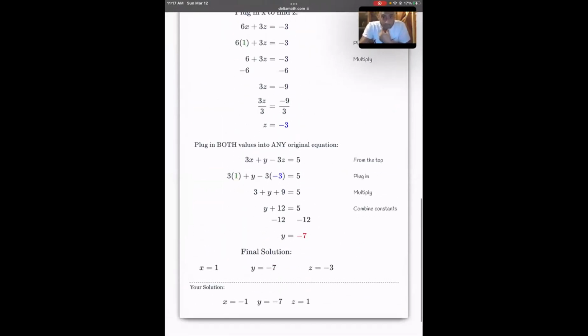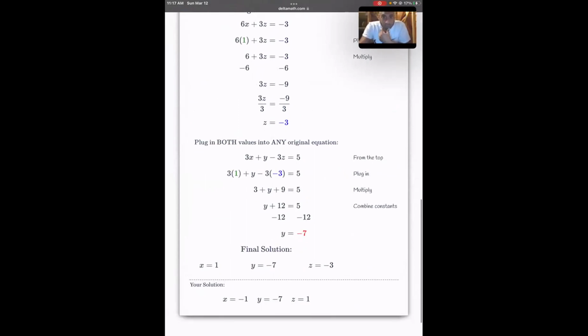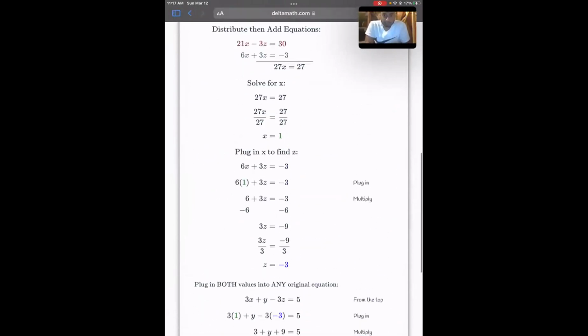Okay, it said it was incorrect. X was 1, Y was -7, and Z was -3. Okay. All right, let's just go on.